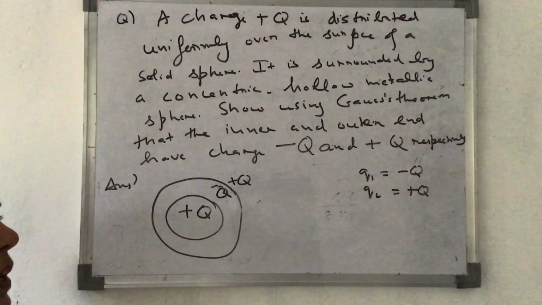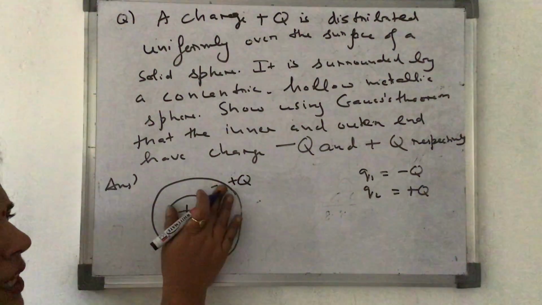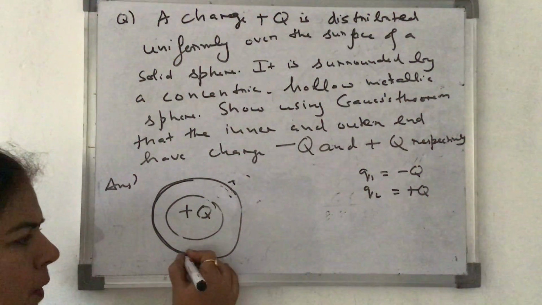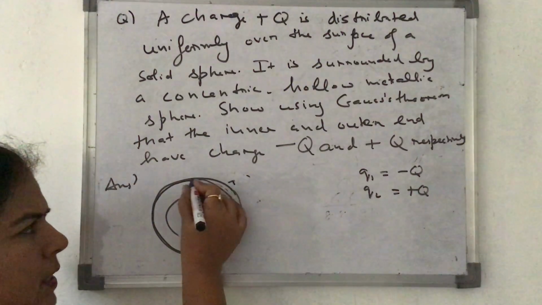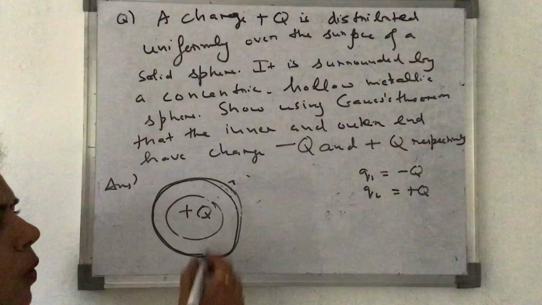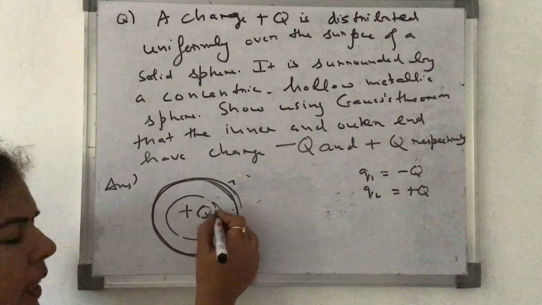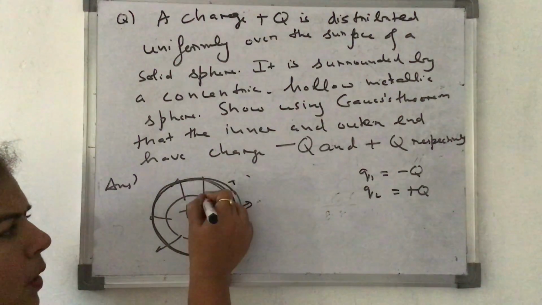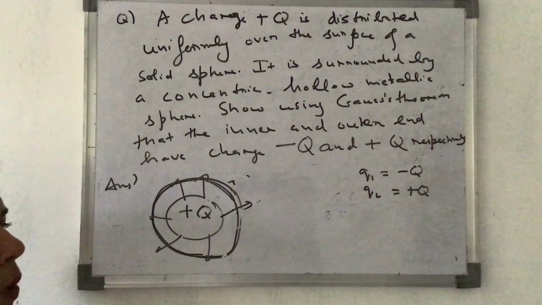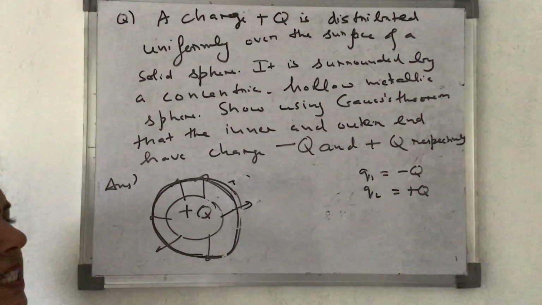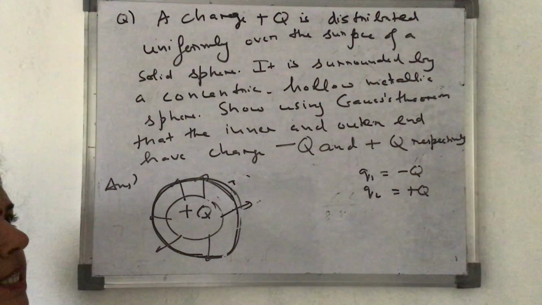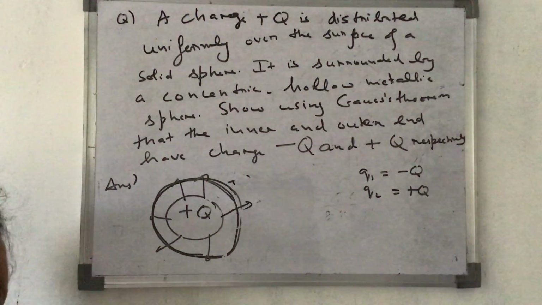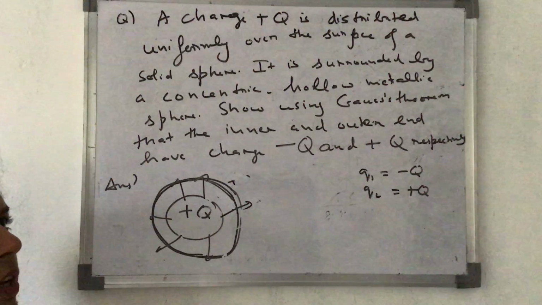So what we'll do is, we consider a Gaussian surface very close to this inner side, and then I'll find out the electric flux coming out of it. If I'm talking about the electric flux inside a hollow sphere, the total charge inside the metallic material is always 0.